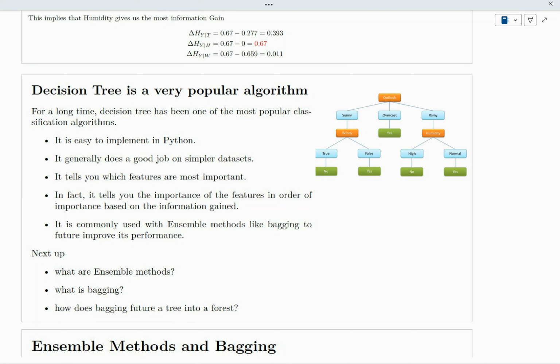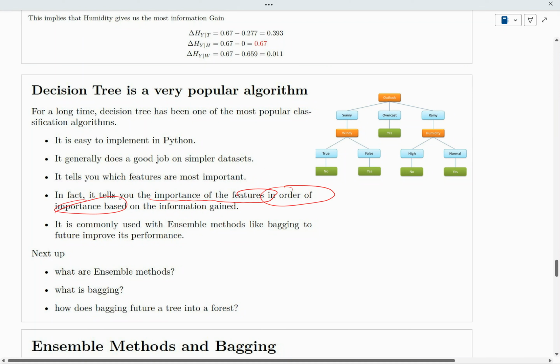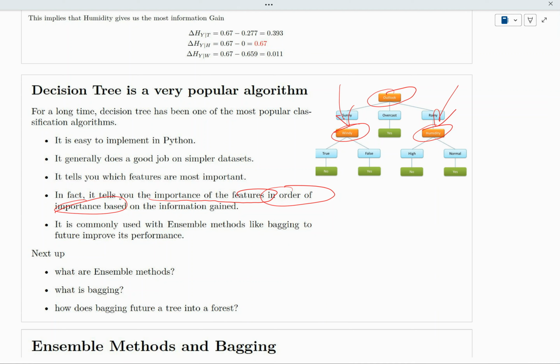In fact, it tells you the importance of the features in order of importance. So you know which one is important: outlook. And then after that are humidity and windy, right? And you know the exact amount of information you gain from them. Therefore, you can sort them based on the amount of information.